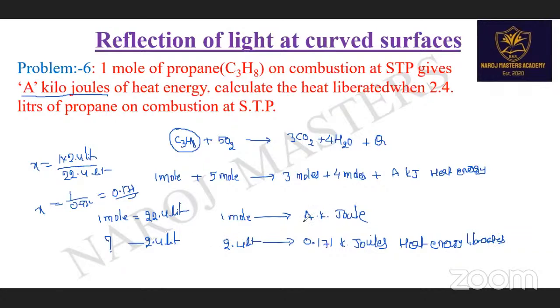Basically, if we have 22.4 liters we will get a kilojoules. Here we have only 2.4 liters of propane. That's why you got 0.171 kilojoules.